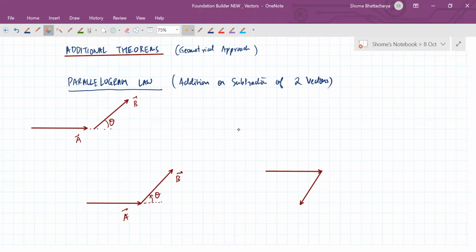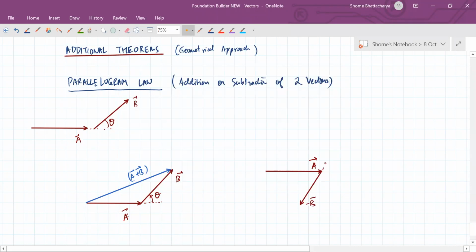So their resultant sum was this vector A plus B. Whereas similarly in this diagram, this is the vector A, but to this I've added the vector minus B. So it's opposite to that, and it became this one. So this is A minus B.